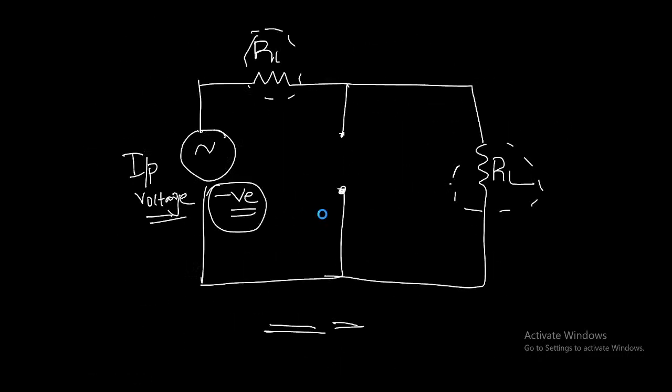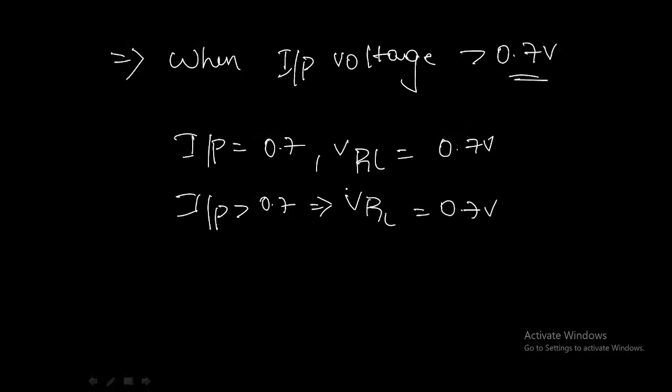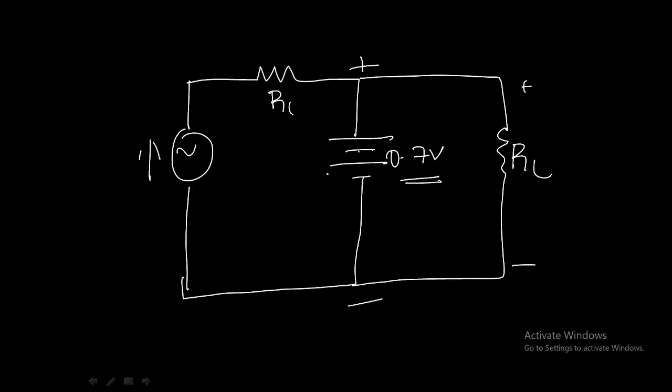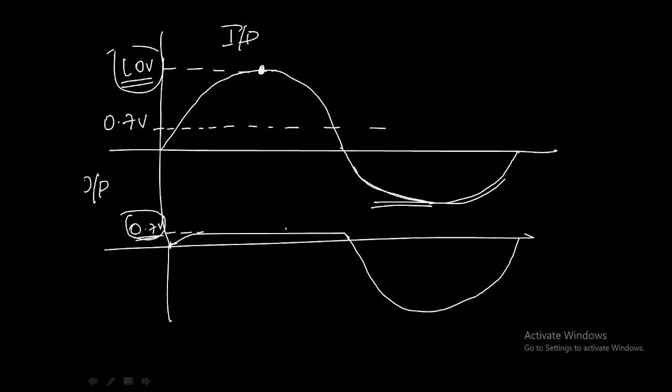So what happens for the input positive phase? We consider this diode with our bias voltage V bias. The output voltage in this case will not be equal to 0.7 volts; it will be equal to 0.7 plus V bias.